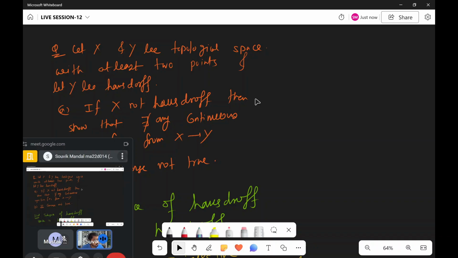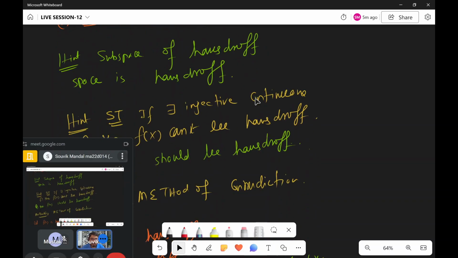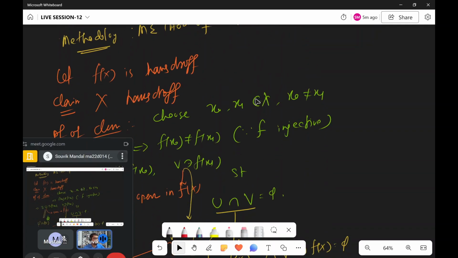The given hypothesis is that X and Y are two topological spaces with at least 2 points and Y is Hausdorff, and suppose X is not Hausdorff. Now we need to show that there does not exist any continuous injective function from X to Y. For that, we are trying to show that if such a continuous function exists, then f of X will be Hausdorff, correct?